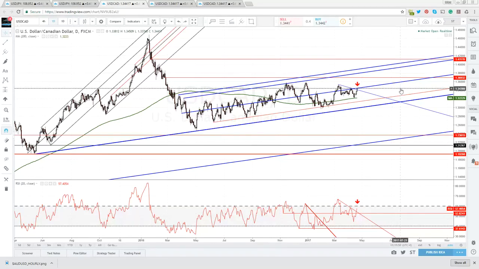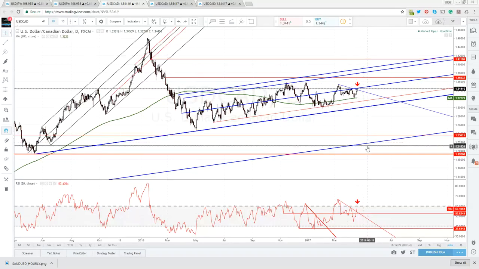We're basically at what I call the median line of the channel, and at big horizontal resistance too. As I've been saying before, we've got about 100 pips of risk before 34.50.